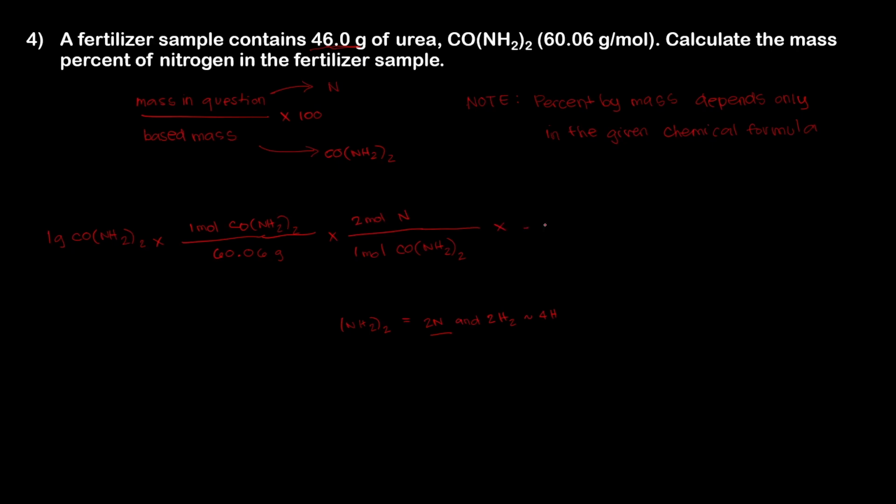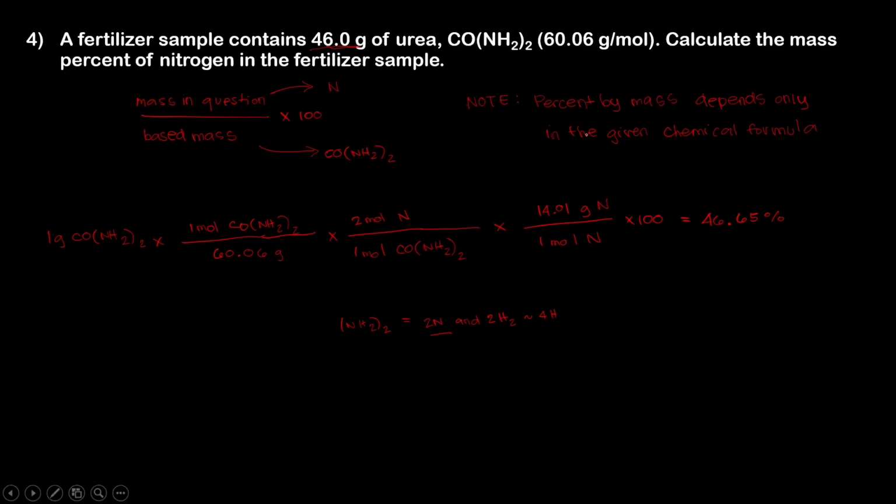If you look at the periodic table, 1 mole of nitrogen is around 14.01 grams. Multiply it by 100, then using your calculator, that would be 46.65%. So there are 46.65% nitrogen in your urea or your fertilizer sample.